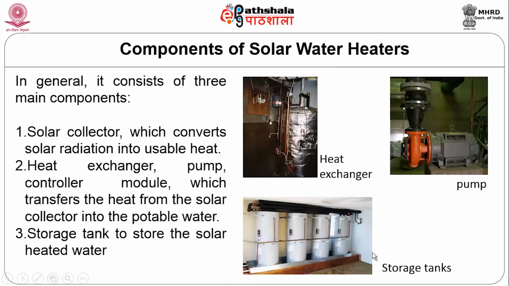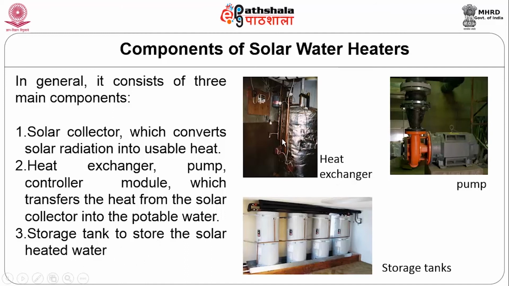These are the various components of solar water heaters. In general, it consists of three main components: the solar collector, which converts solar radiation into useful heat; the heat exchanger, pump and controller module, which transfers the heat from the solar collectors into the potable water; and the storage tank to store the solar heated water.